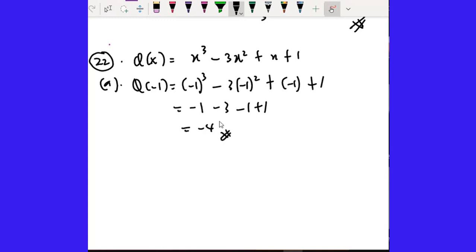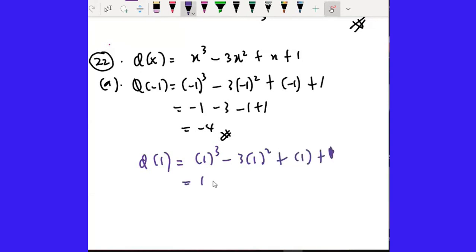Then substitute Q of 1. Okay, substitute 1. Q of 1 is 1 minus 3 times 1 squared plus 1 plus 1. And then 1 minus 3 plus 1 plus 1 is equal to 0. Right?